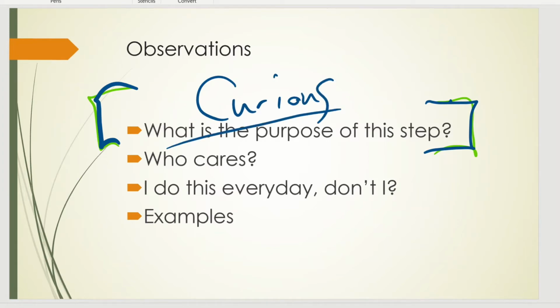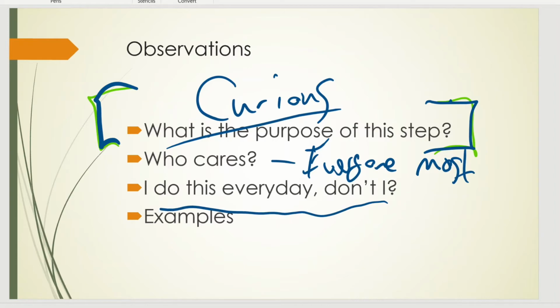Curiosity killed the cat, but right now, Curious George would be the king of science. Well, at least he'd be the king of the lab. So who cares? Well, everyone cares. If you don't make observations, you don't do experiments or do science. And if you don't do science, well, we don't really progress. That's important to move forward. And yeah, you do it every day.